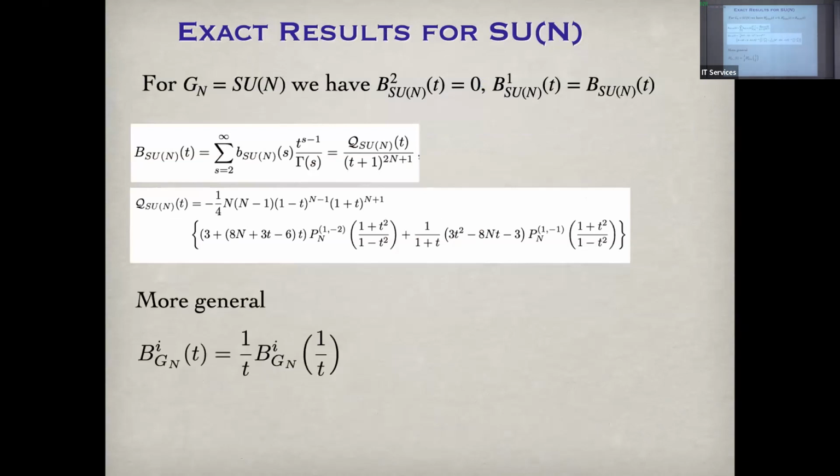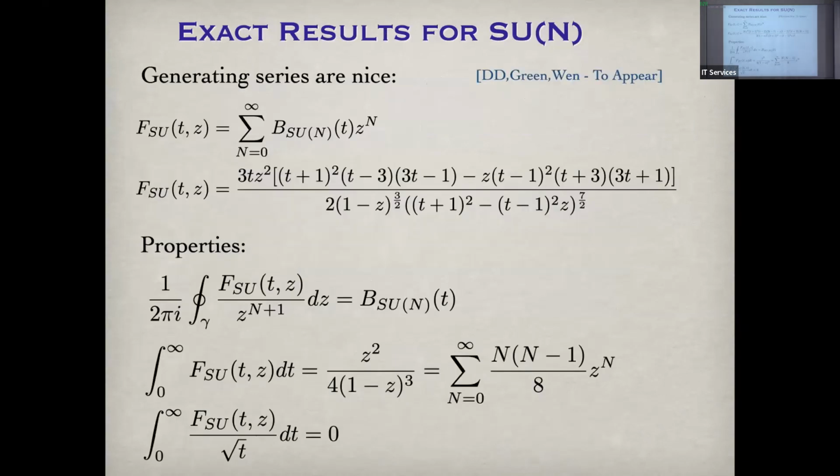It's finite. And it's given by this expression that you can expand around the origin. So the term that you were worrying about is just this one, n minus 1 over 8, and something similar for SO or USP. So there is no singularity really at the origin of the lattice. The other property is that if you integrate this 1 over root t, you get 0.